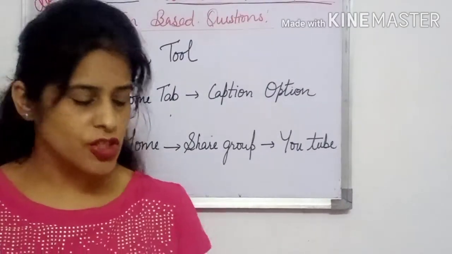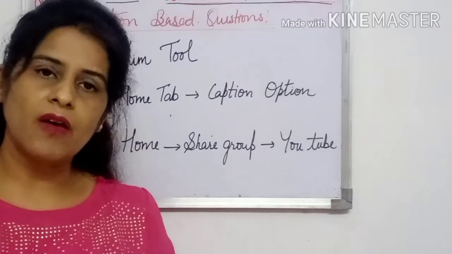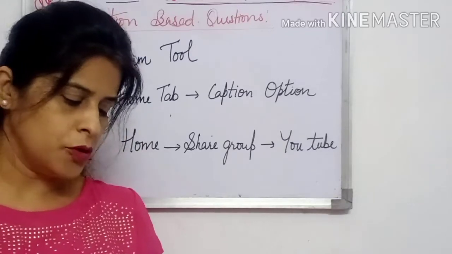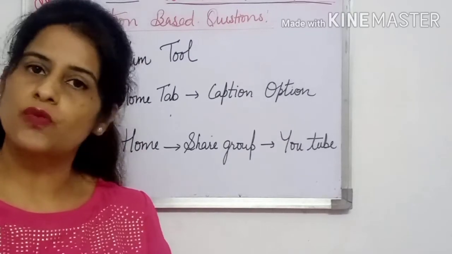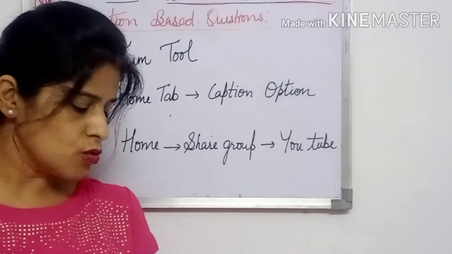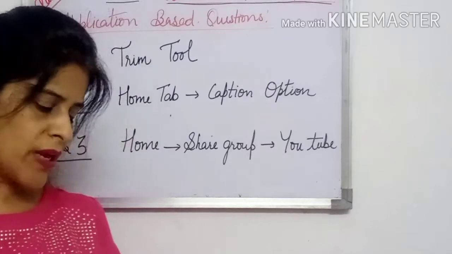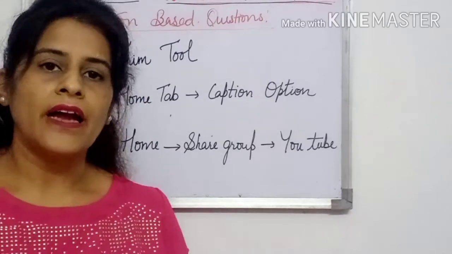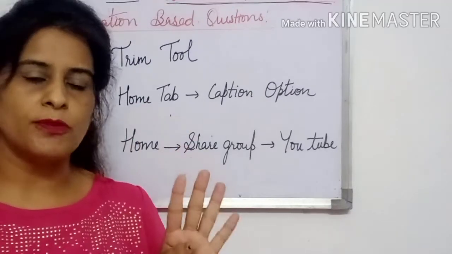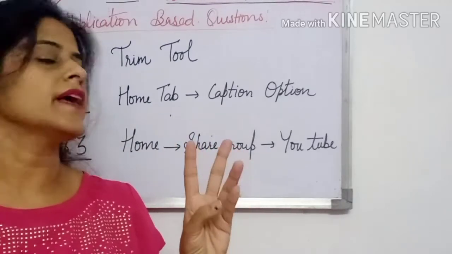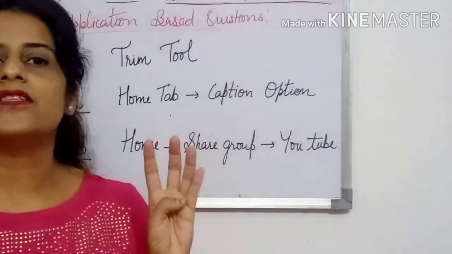The second question is: Amit is making a video from the pictures that he took during his last vacation with friends. Amit wants to write some description on each image while playing the video. How can he do that? I told you there are three text-based options: title, captions, and credits.